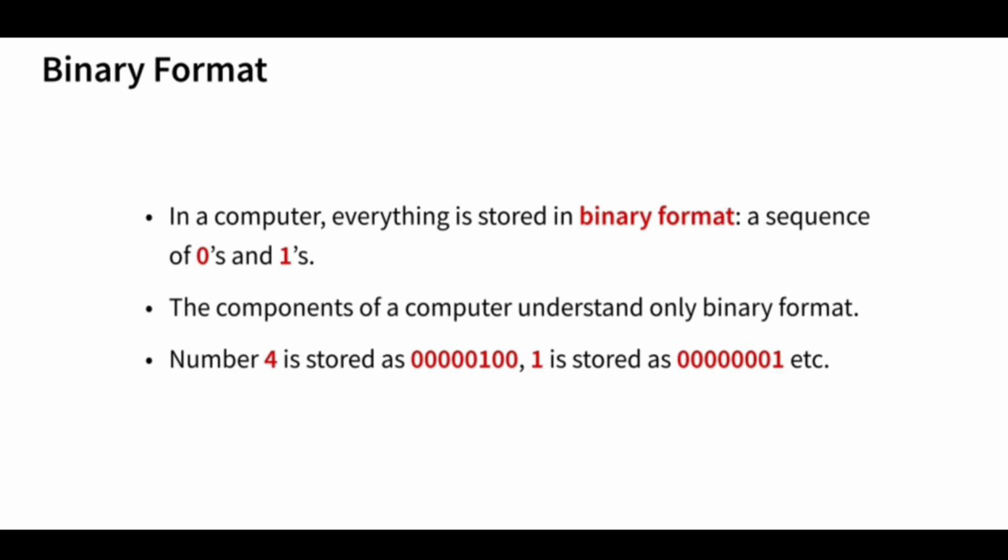For example, the decimal numbers are denoted in binary format. 1 is denoted as 001, 2 is denoted as 010, 3 is denoted as 011, and so on. You can see an example that number 4 is stored as, you can see the last 3 digits, 100, etc. Similarly, you can take other decimal numbers and convert them into the binary format.